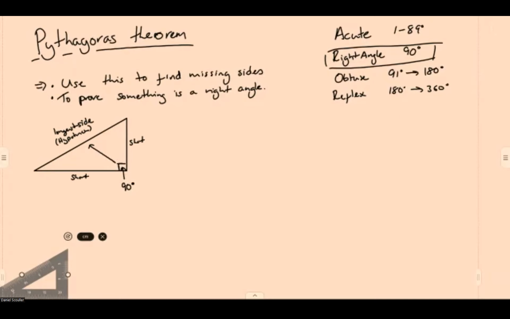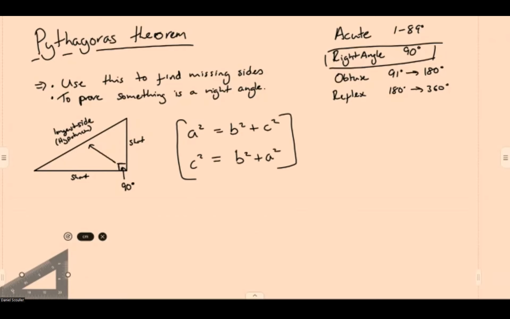Now, this is taught a couple of different ways. You might recognize it as a squared equals b squared plus c squared, or c squared equals b squared plus a squared. Whatever you're comfortable with, use. Whatever you remember learning, use.